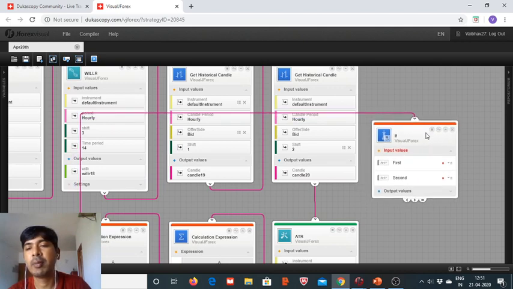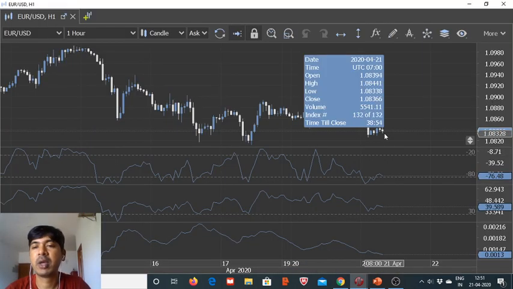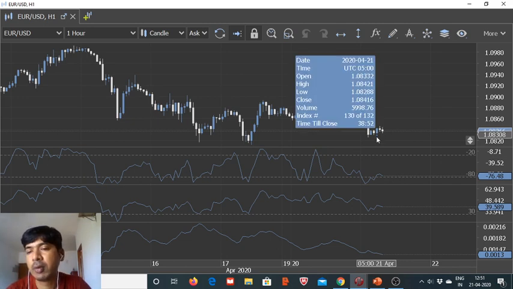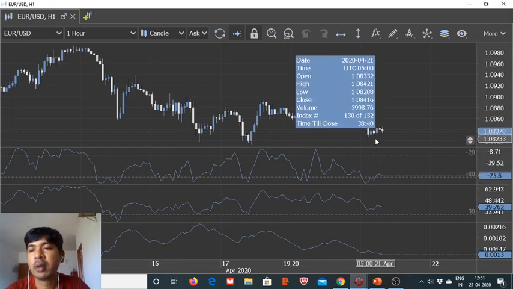Since we are looking at a buy trade, as I explained to you, we need the Williams R value of candle with shift 3 to be below -80, and then the last candle close should have been greater than the opening price.